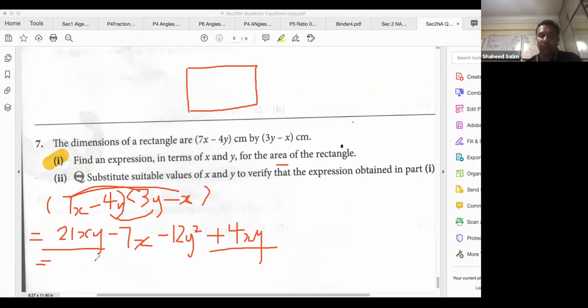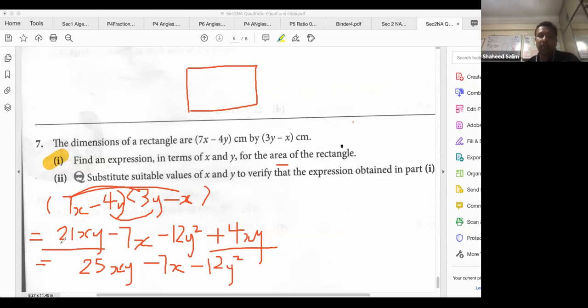But this term is what term? Okay, never mind, we write 25xy here, no problem. And then we write minus 7x, minus 12y squared. Inshira, yours has 25xy squared.